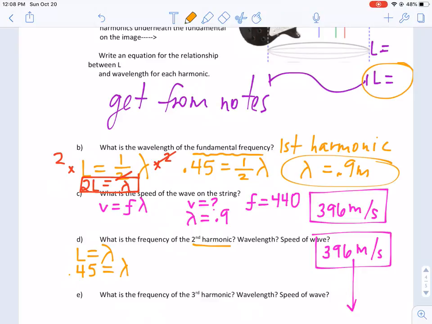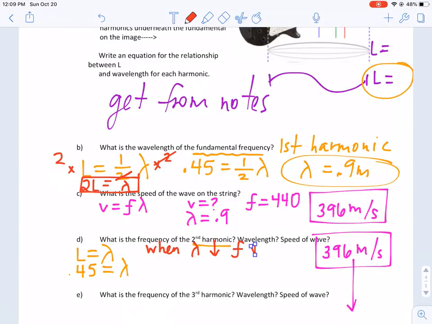Okay, that's easy. Now, if that's your wavelength, then let's think about what your frequency is going to be. Well, when wavelength goes down, frequency goes up.